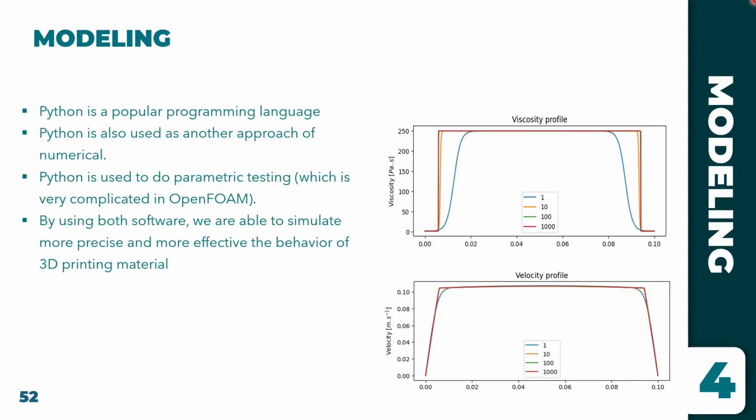I use Python to test many factors of my fluid. For example, in here I can plot the velocity profile inside a straight pipe with different stiffness of my material.